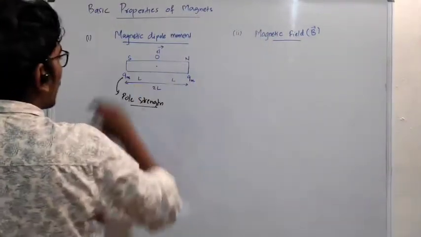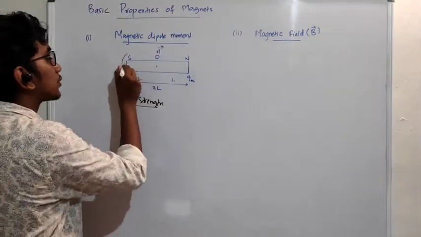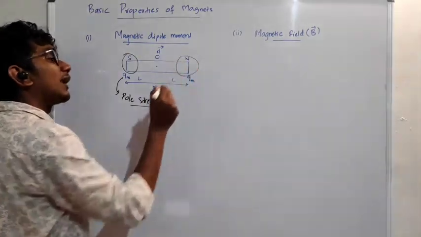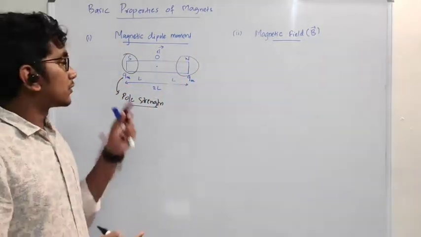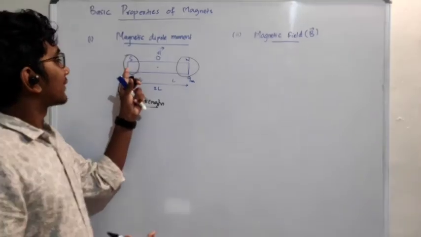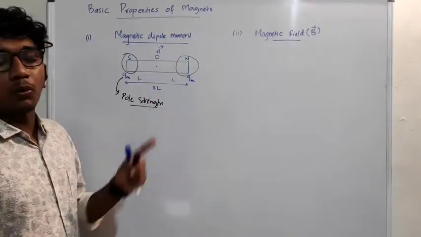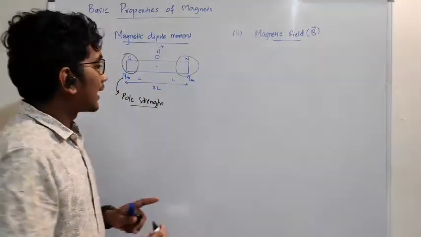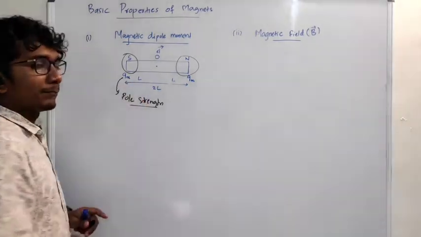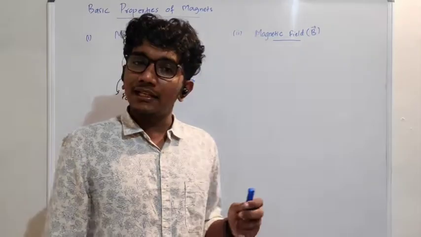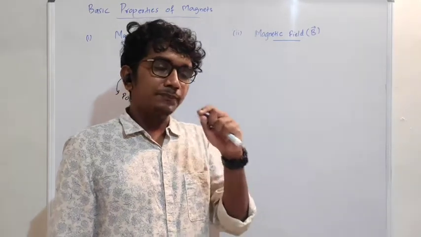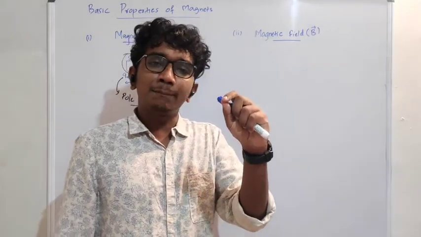Similarly, each pole has a pole strength. We had equal and opposite charges; here we have south pole and north pole with equal pole strength, which we represent by Qm. In some books, they denote pole strength by the letter P.